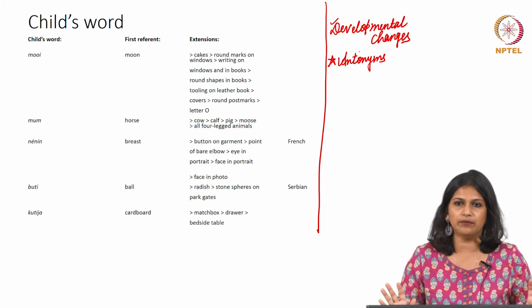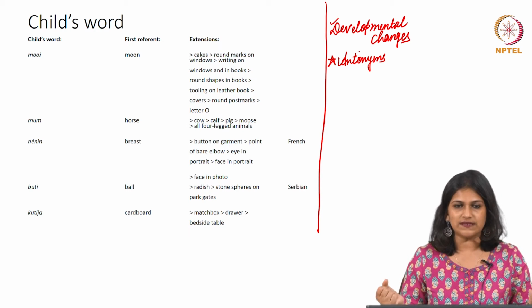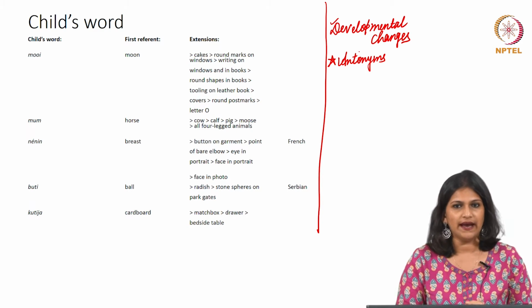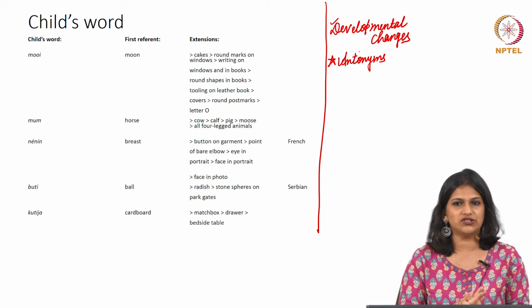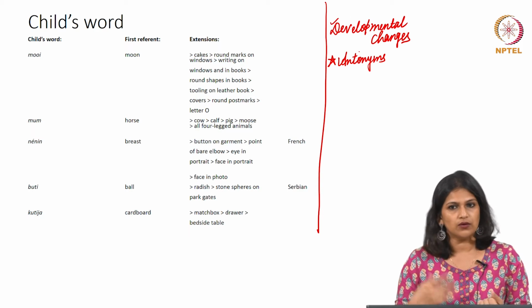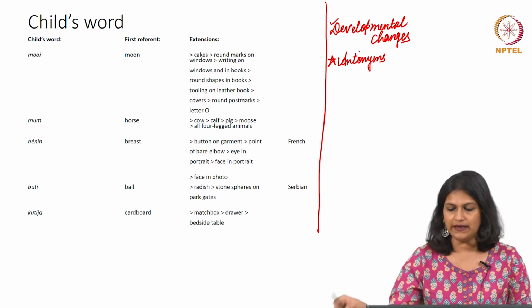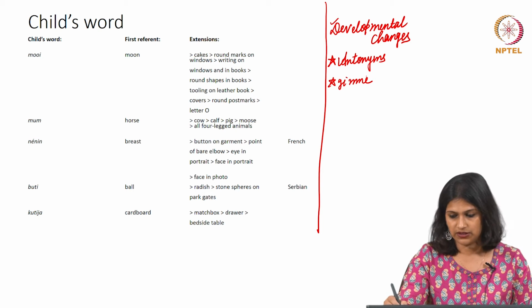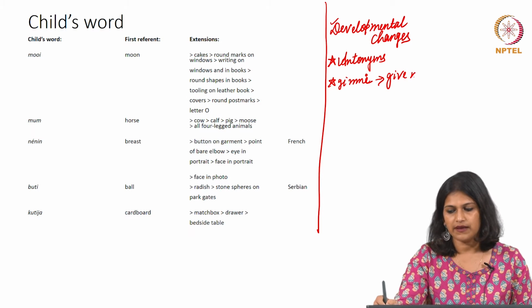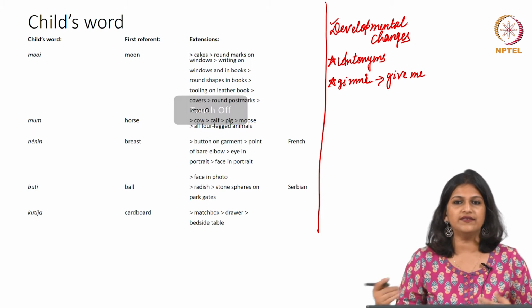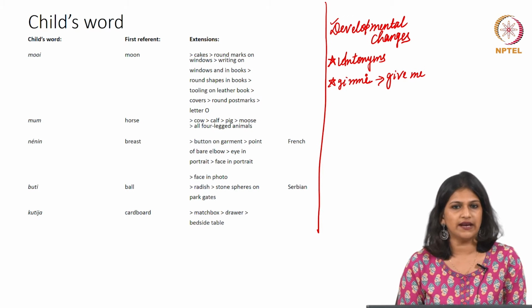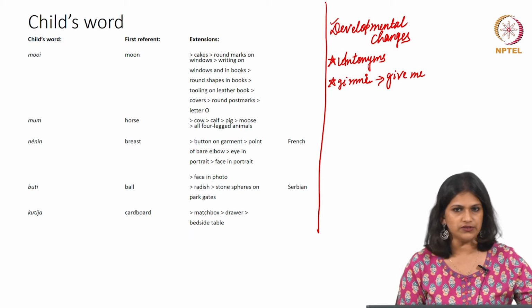Give and me are two separate words, but they are clubbed together when a human speaks, and that becomes a little tricky for the child to figure out that gimme, G-I-M-M-E, is actually give me. So, this kind of chunking and unchunking of words is very crucial to understanding the issues related to child language acquisition.